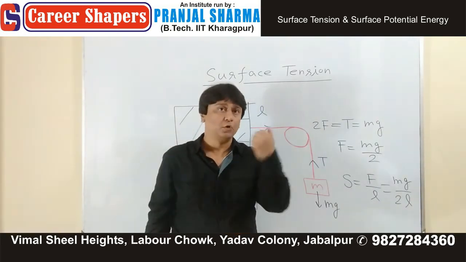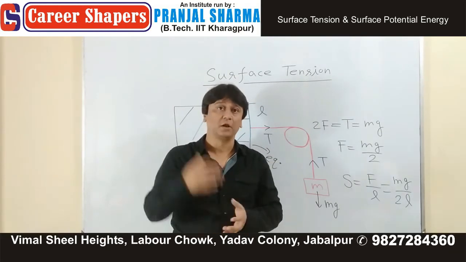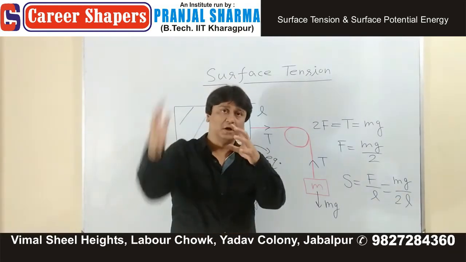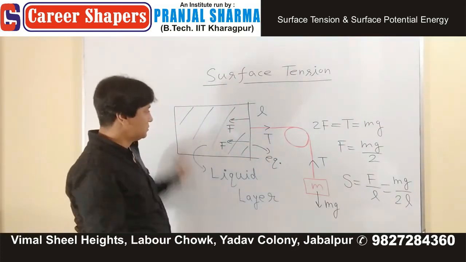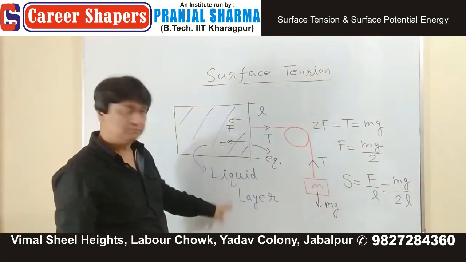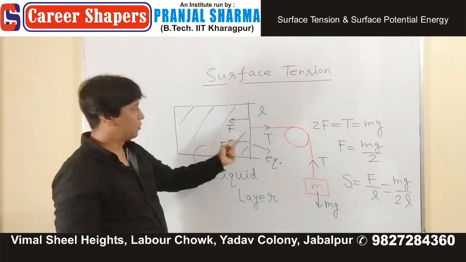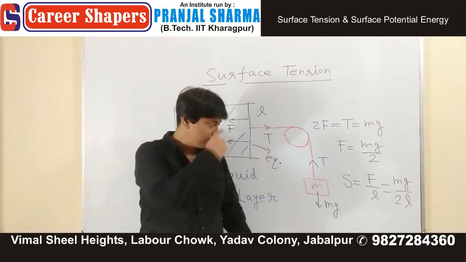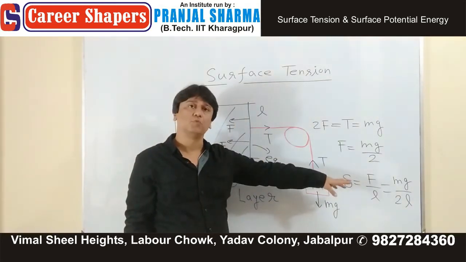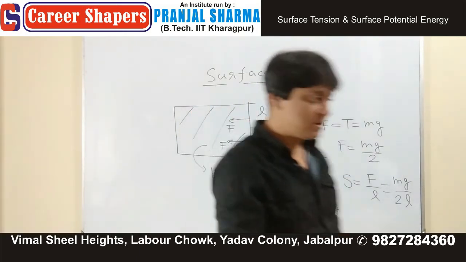If you take a hollow sphere, how many surfaces are present? Two, outer as well as inner. So this is a soap layer. It has two surfaces and therefore two forces, and therefore surface tension is mg divided by 2L. If you understand this, then write down yes in the comment box.